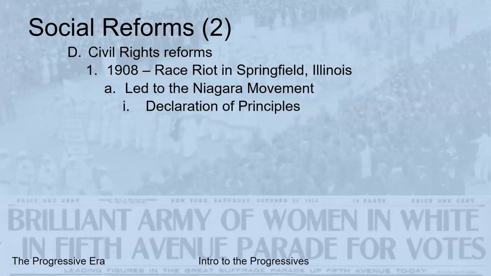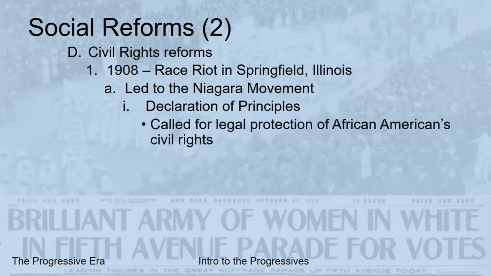They did come up with something called the Declaration of Principles. The Declaration of Principles essentially calls for the government to legally protect the civil rights of African Americans and do everything necessary to enforce those laws and provisions. It's a nice statement, and after a year, nothing has really been done.